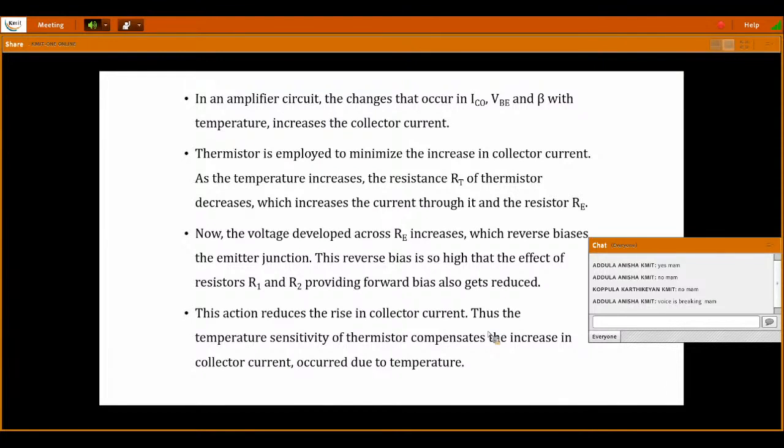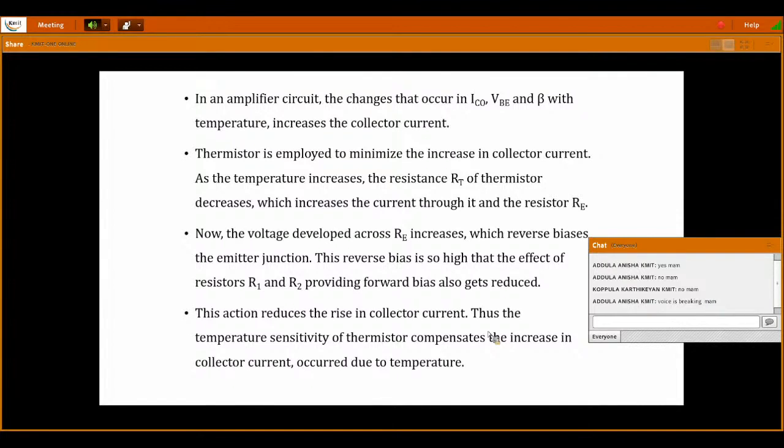When the temperature increases, the resistance RT of the thermistor decreases, which increases the current flowing through the thermistor, because the resistance is decreasing due to the temperature increase. When the resistance decreases, the amount of current flowing through the thermistor increases, IT increasing.